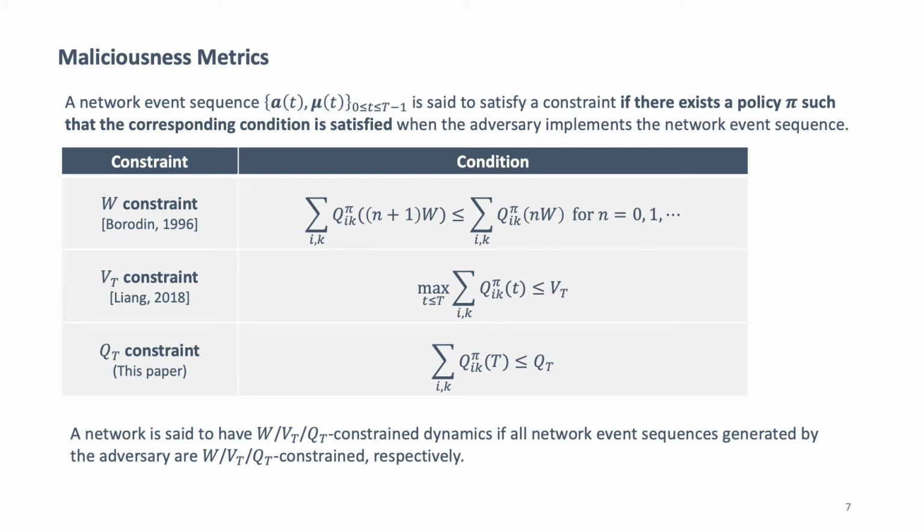And now we propose the Qt constraint in this paper. We only require the final queue backlog to be no greater than Qt. We further define that a network is said to have W, VT, or Qt constraint dynamics if all network event sequences it can generate satisfy the W, VT, or Qt constraint, respectively.